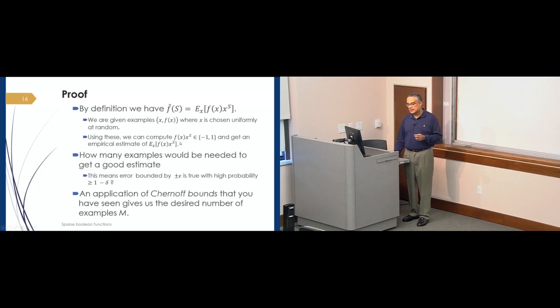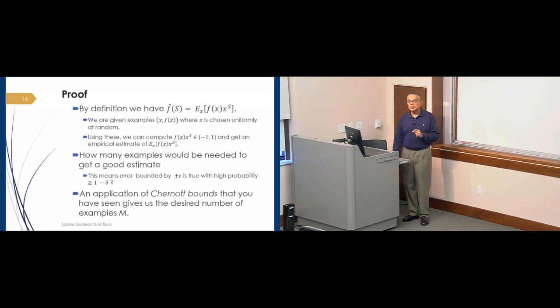But the question is, how many of these examples do we need? Because ultimately to get a completely precise form of f hat, we need many, many examples. So how many examples do we need to get a good estimate? This means the error bound is within epsilon, and your quality is true with high probability of 1 minus delta.